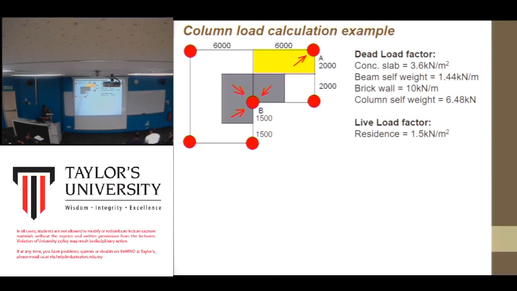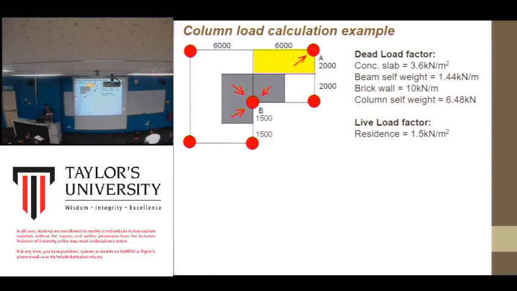When you do the calculation of beam, you would know the factor already. You know the weight of the concrete slab, the beam self weight, brick wall. So you would have this when you do the first part, the beam calculation. So basically just take from there. And the live load factor, normally for residential, the whole house, you just use 1.5 kilonewton per meter square.